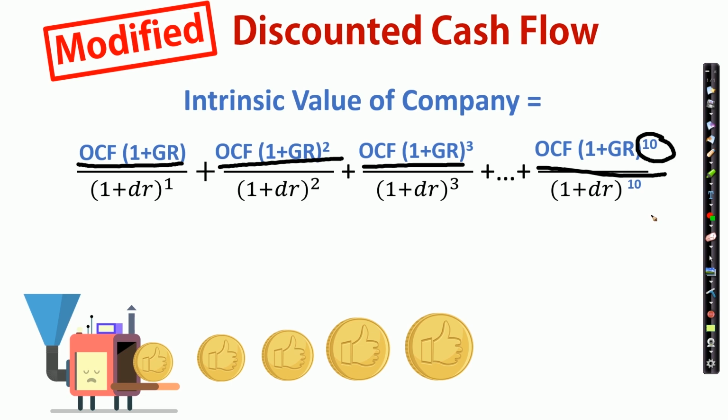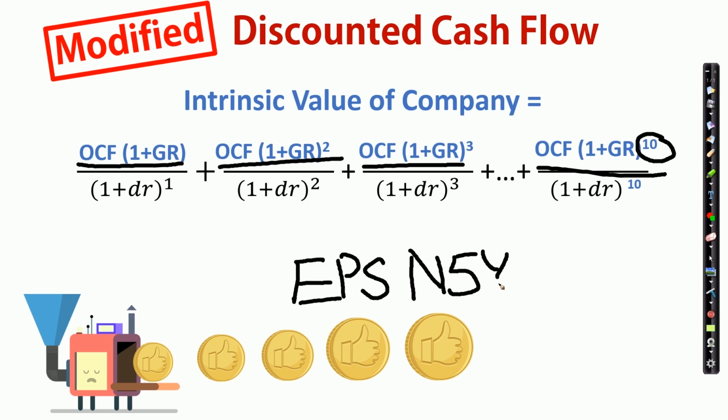Now you may question, previously in FinViz, we were looking at the earnings per share of Apple for the next 5 years. So earnings per share next 5 years is 10.19%. What happens from the 6th to the 10th year?